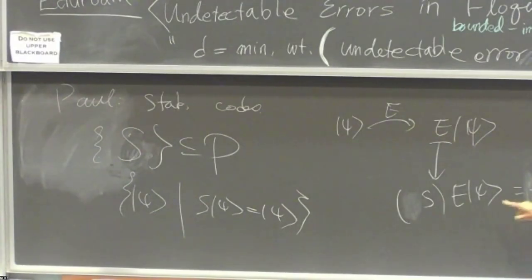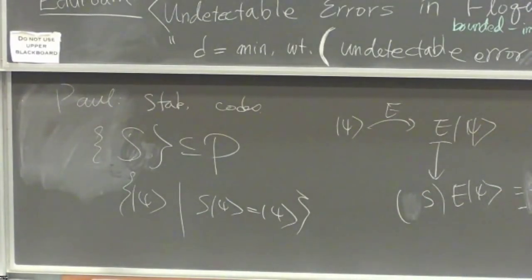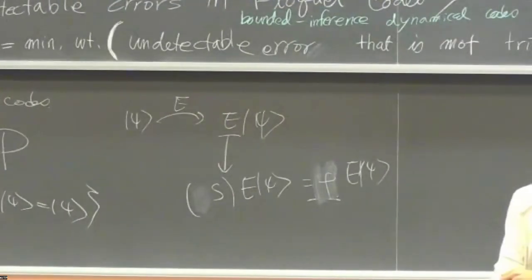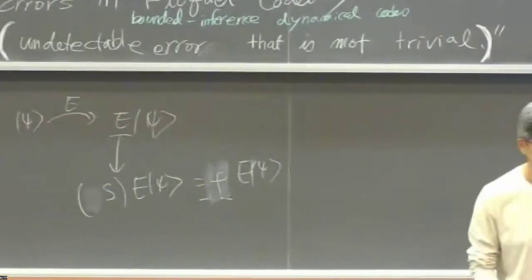If the residual error, the error times the correction operator, ends up outside this stabilizer group, then we say a non-trivial error has occurred, and that's an uncorrectable error. Any question for this? It's all standard.